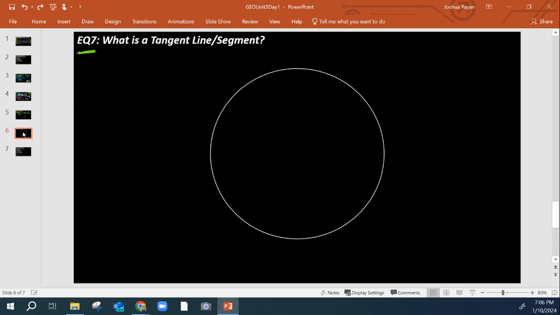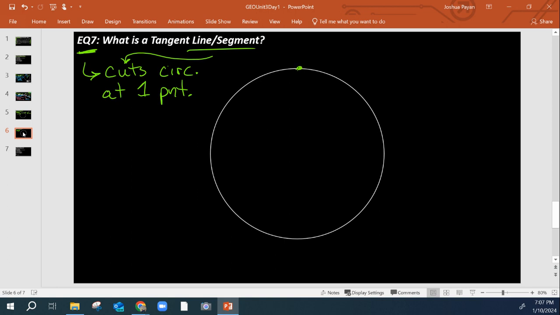Okay, and EQ7, what is a tangent line or segment? So a tangent line or segment, unlike a secant line or segment, is a line or a segment that cuts the circle at a single point, at 1 point.